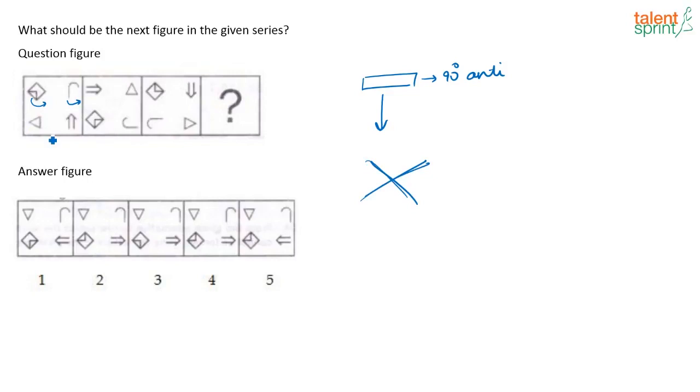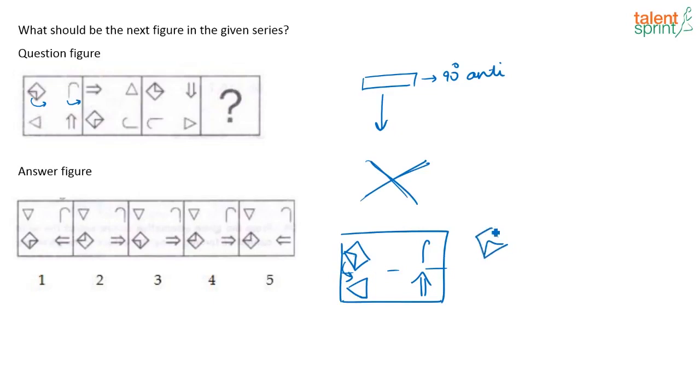Let me just show you this particular figure, how it is coming. See, you have this like this, right? This is the first figure that you have. And this triangle is like this, and then you have an arrow like this. So whatever is there on top is rotating 90 degrees anti-clockwise, so it is rotating in this direction. 90 degrees anti-clockwise means it will become like this.